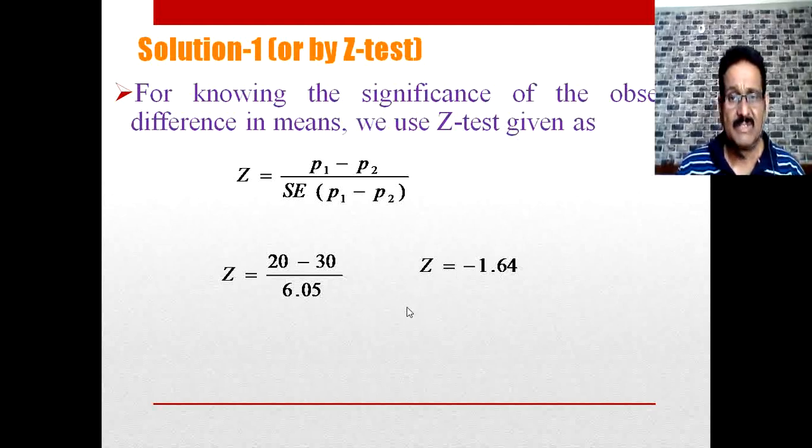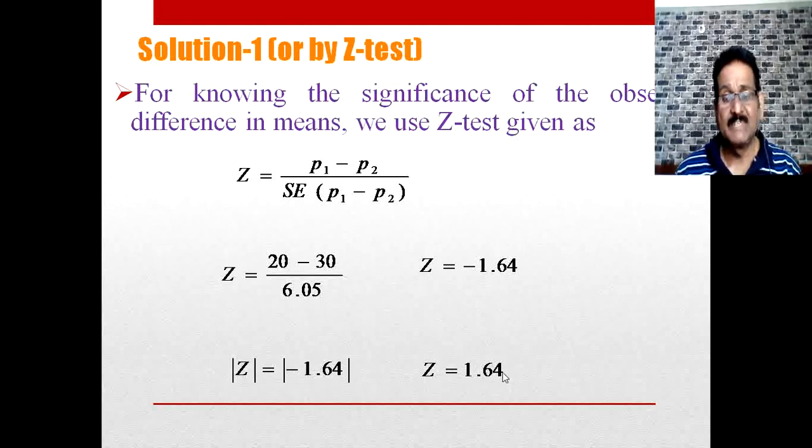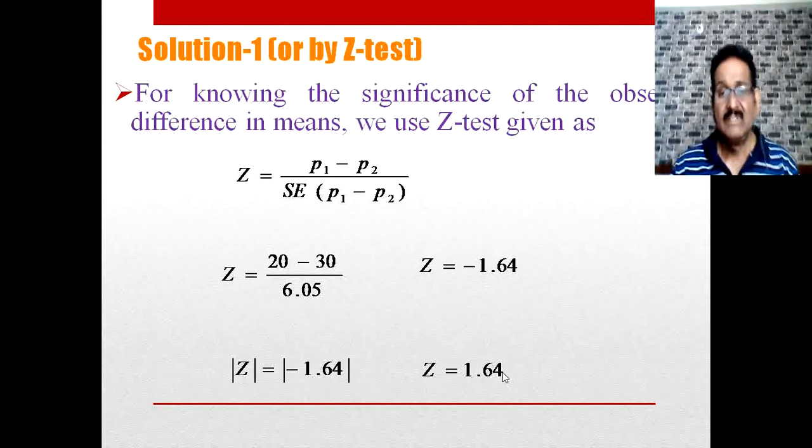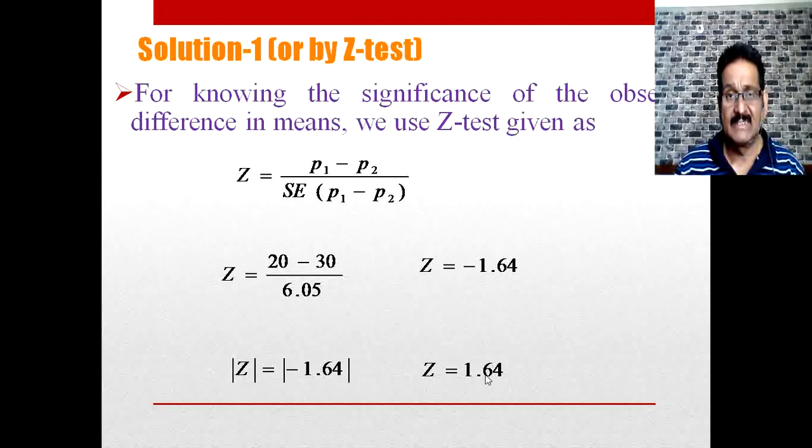But when we solve for z, we use the absolute or mod value, as I quoted in previous lectures, so the negative sign is converted into positive. So that is 1.64, which is less than 1.96.